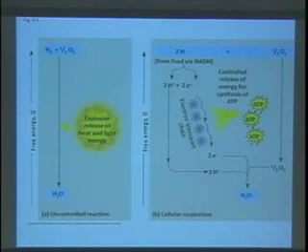This is a slide from your book that shows a comparison of what happens if we have an uncontrolled reaction that's very exergonic, right? So very favorable. This would just be the reaction between liquid hydrogen, for example, and oxygen.